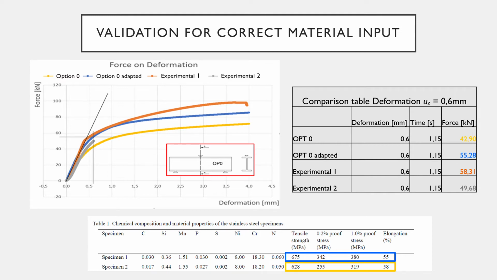At the comparison table at the right you can see the deformation at point UZ 0.6, that's equal to time 1.15 seconds. And you can see that the forces at this point are very close to each other for option 0 and experimental 2, and for option 0 adapted and experimental 1.